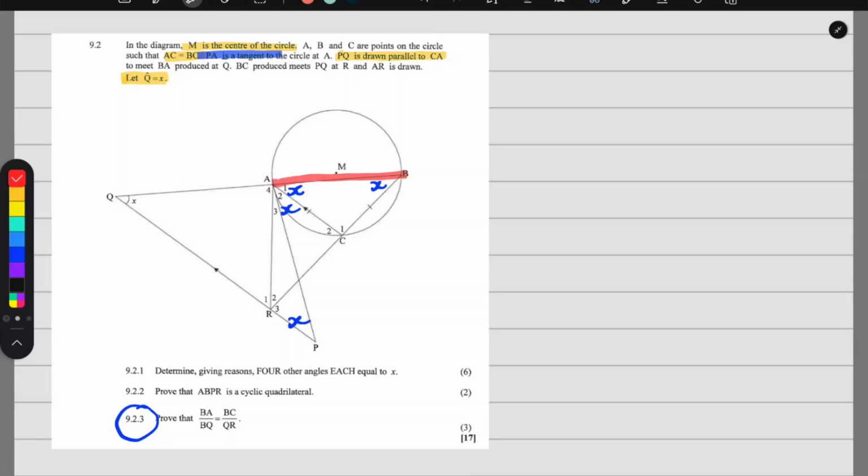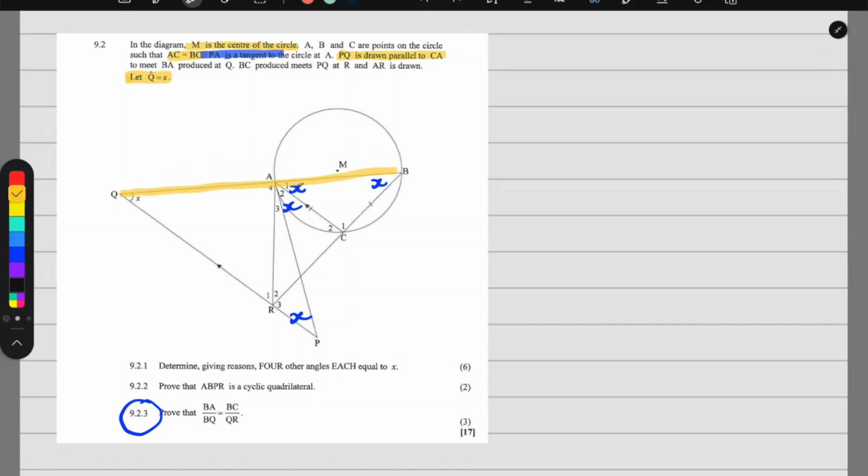So it's BA over this whole BQ. And then it's BC, top here, over QR. Okay, but QR is over here. So I'm going to use the prop theorem to try and prove this one.